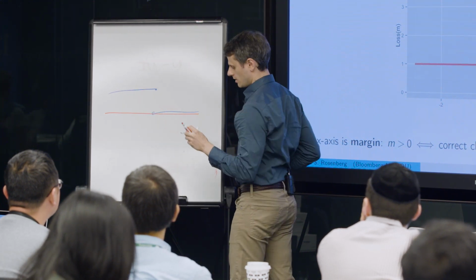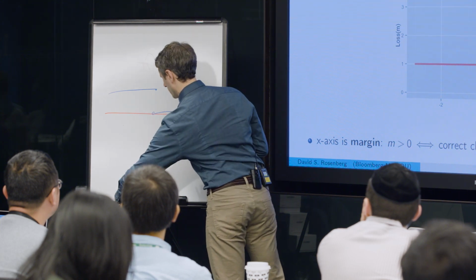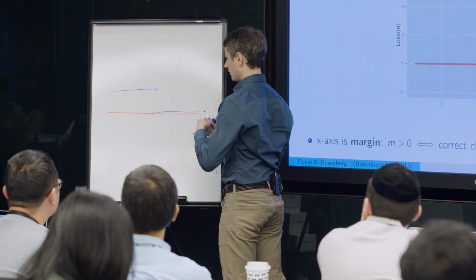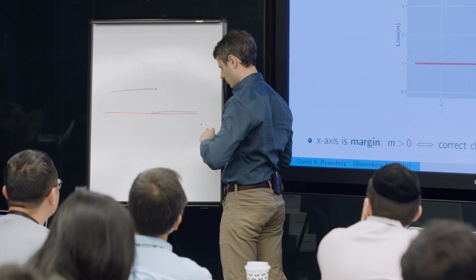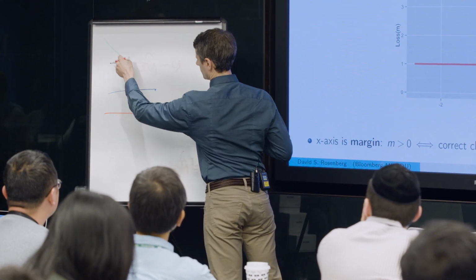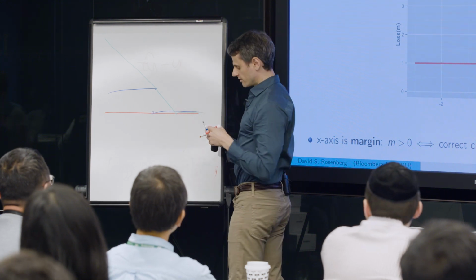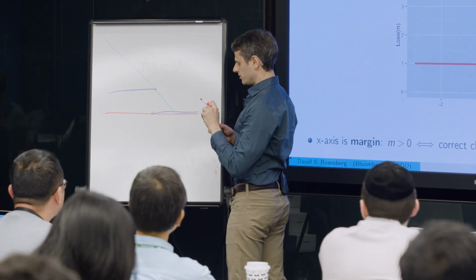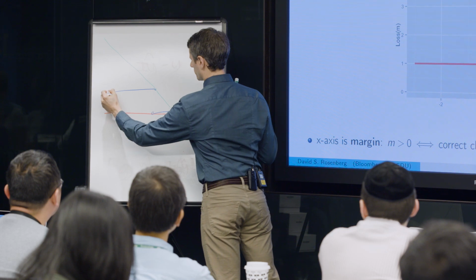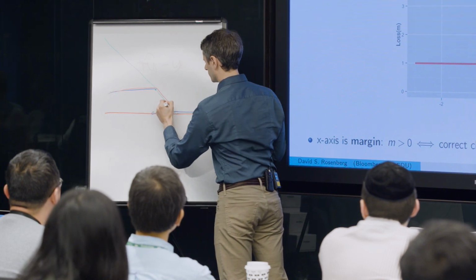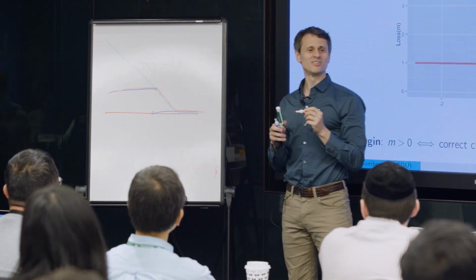That's 0-1. And then the hinge loss is like this, and you're saying, well, OK, why didn't you just do this loss? Oh, that was your suggestion?